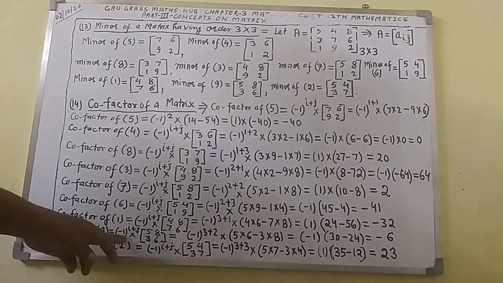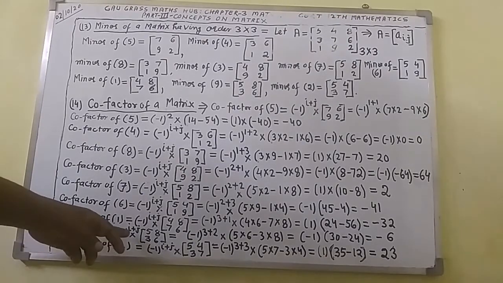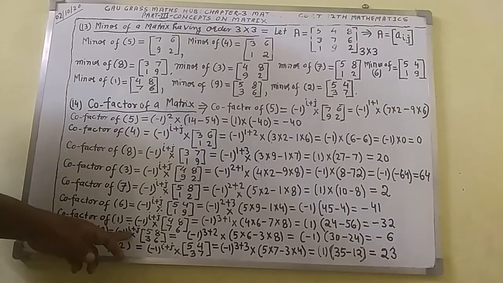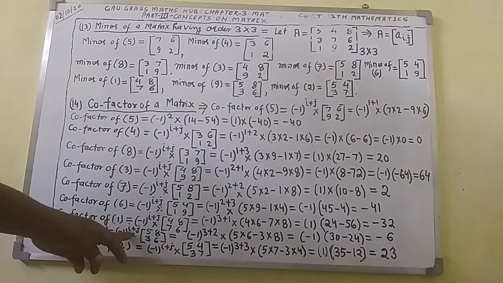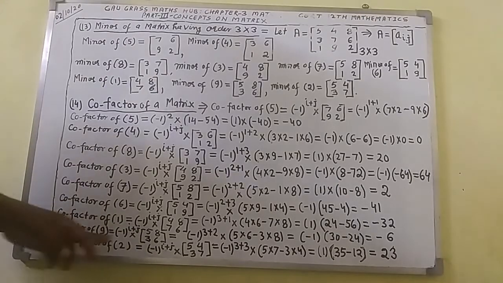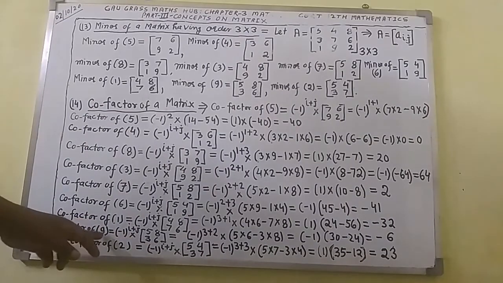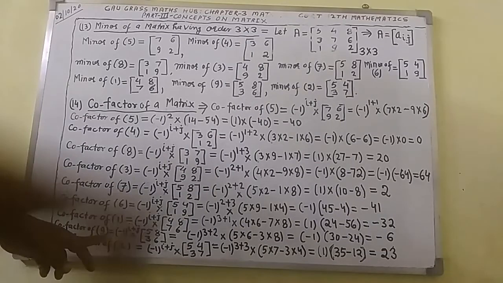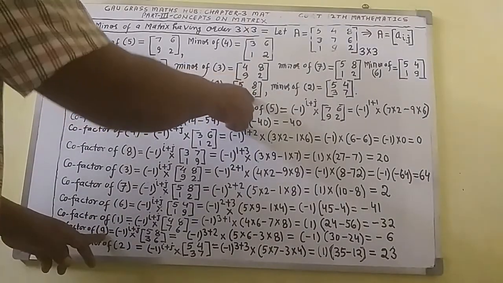Minus 1 here is constant, it is fixed, raised to the power i plus j, where small i represents the row position of element 9 and small j represents the column position of element 9, into the minor of 9. The minor of 9 will be 5836.